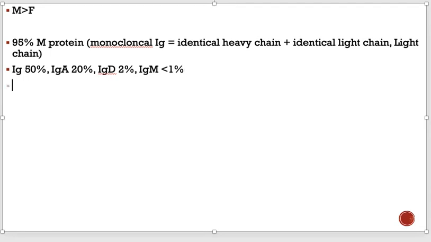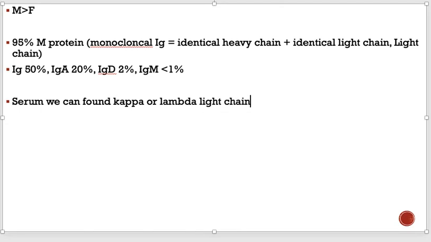So what happens is they keep on producing free light chains, or light chains alone can be found. So in the serum, we find an increase in the quantity of either kappa or lambda light chain, because most of the time, it is the light chains which are overproducing.